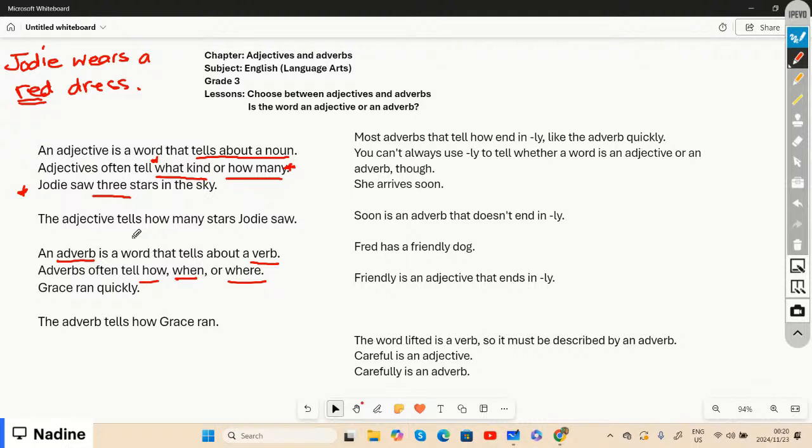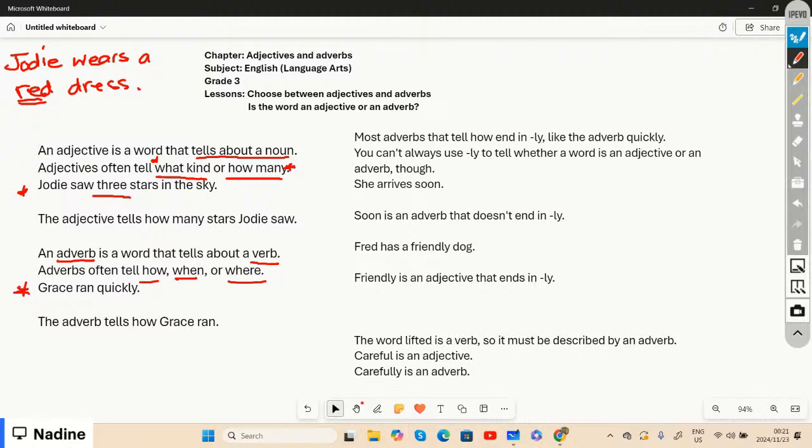If we look at an example of an adverb, it says, Grace ran quickly.